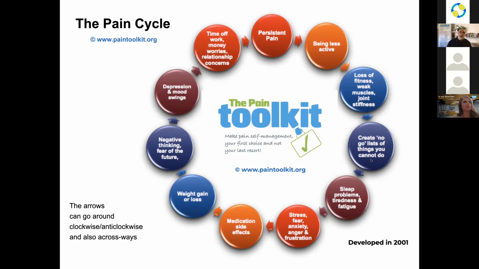They start writing the no-go list: "Well, I used to do this, but now I've had to stop doing that." Sleep problems, that's a very, very popular one. Stress, medication side effects, weight gain, weight loss, negative thinking, fear of the future, and depression, which I think starts to kick in when you've had pain for longer than 3 months. And obviously the one here about time off work.